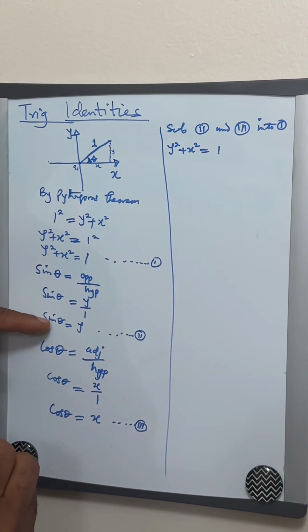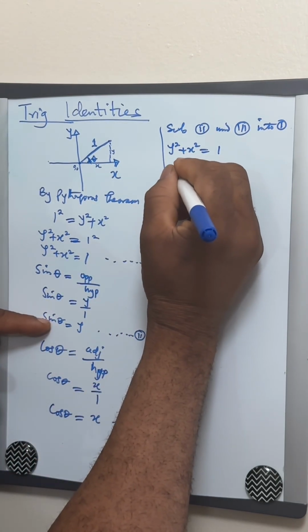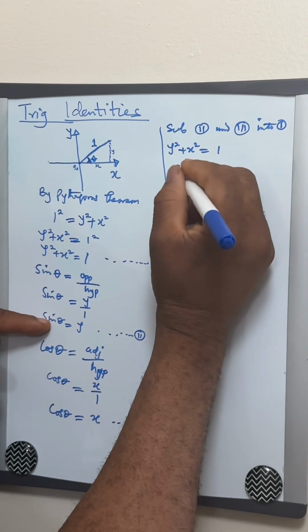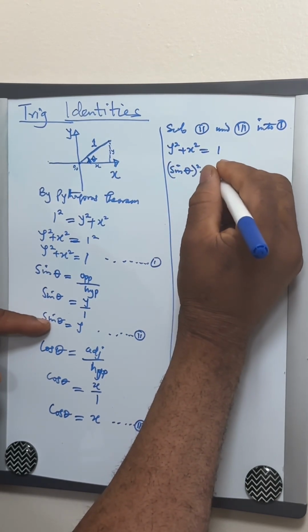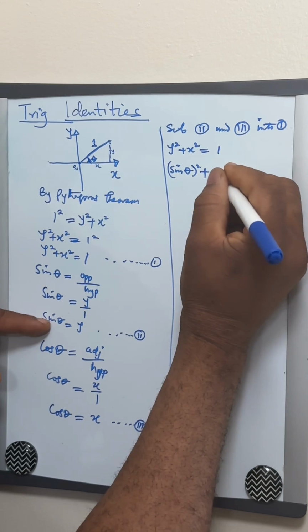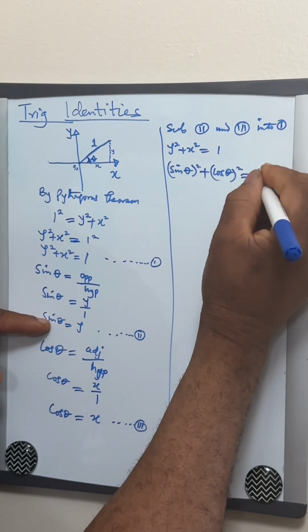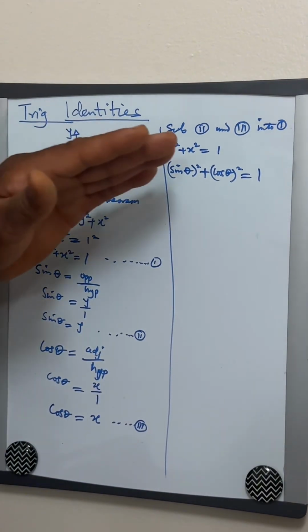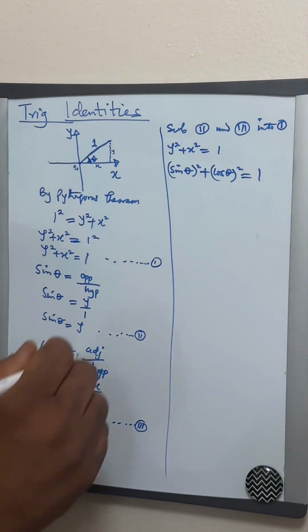And remember that y is sine theta and x is cos theta. So you can write this as (sine theta) all squared, plus (cos theta) all squared, and this will be equal to 1. We've substituted equations 2 and 3 into equation 1.